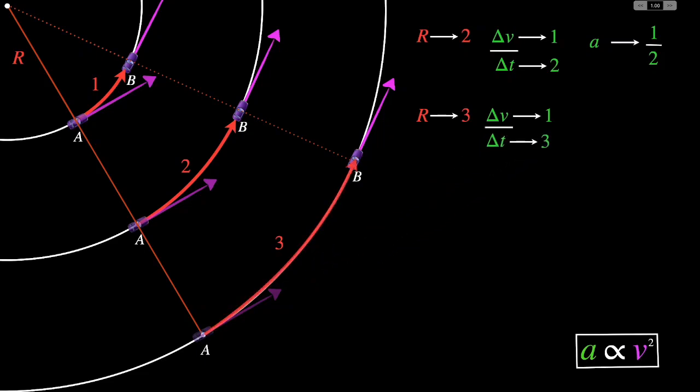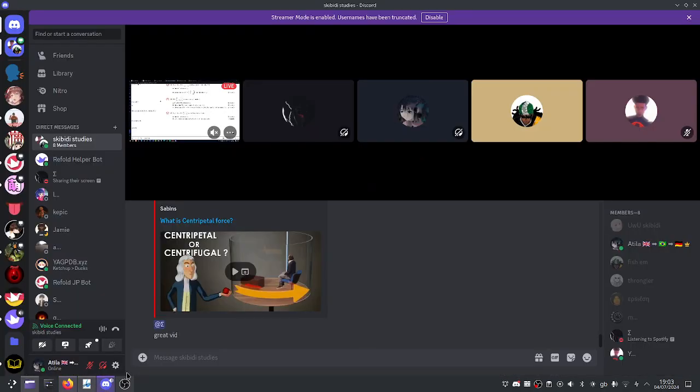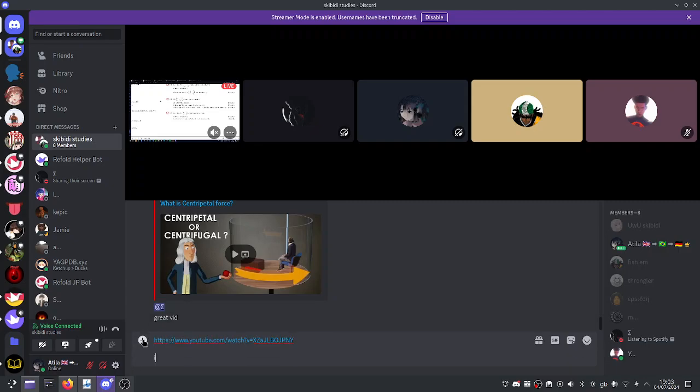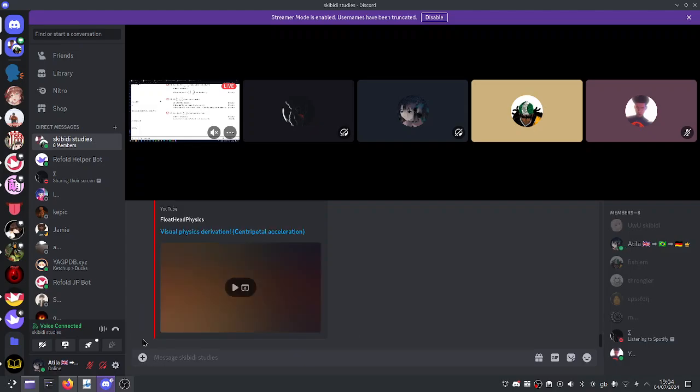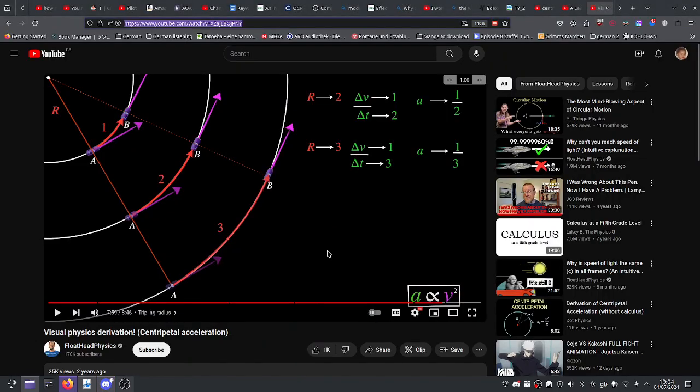And when we put it all together, we see the effect of tripling the radius on the acceleration is we have the same change in velocity as before, but in thrice as much time as before. And so the acceleration becomes 1/3.